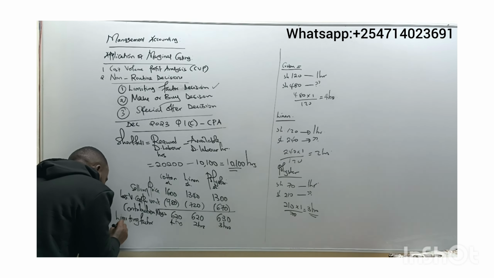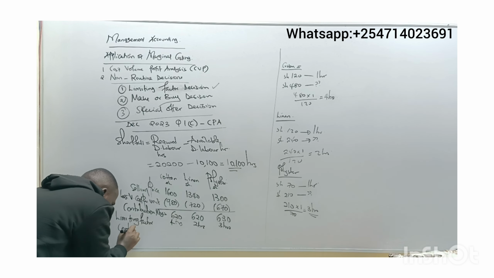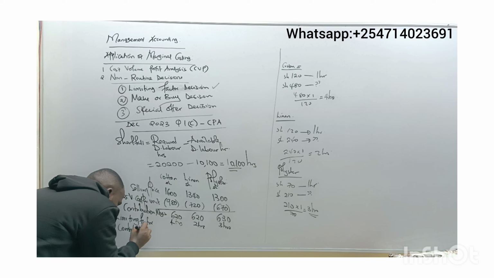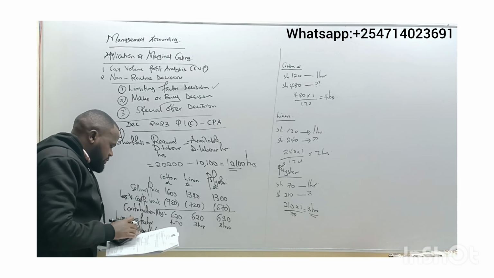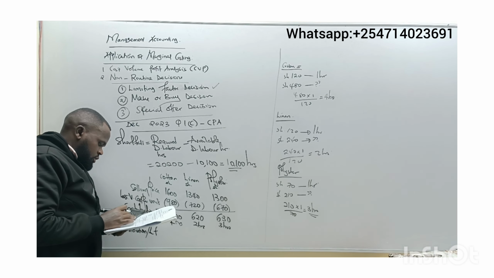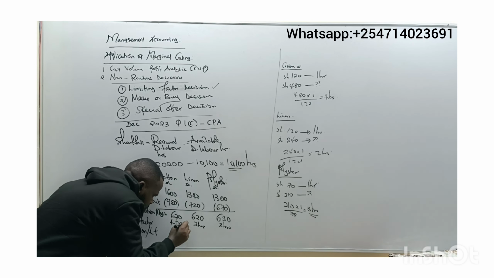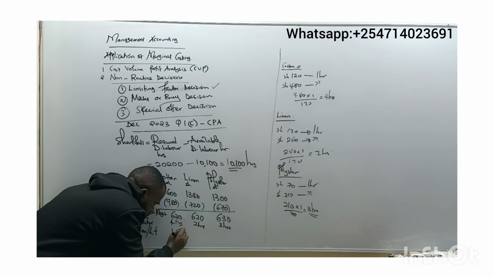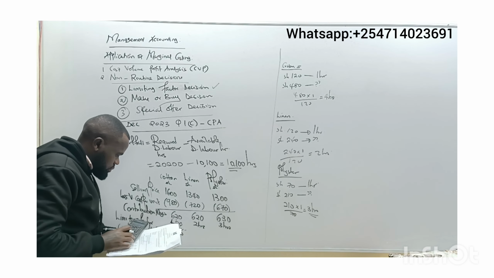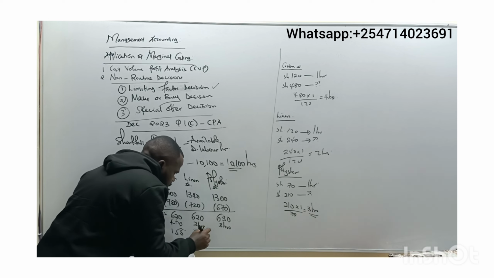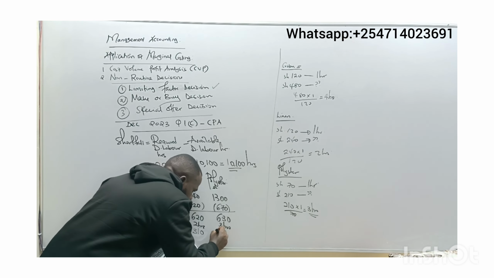So get the contribution per limiting factor, I'll write LF. 620 divided by 4, I'm getting 155. 620 divided by 2 is 310. Then 630 divided by 3. This is 210.